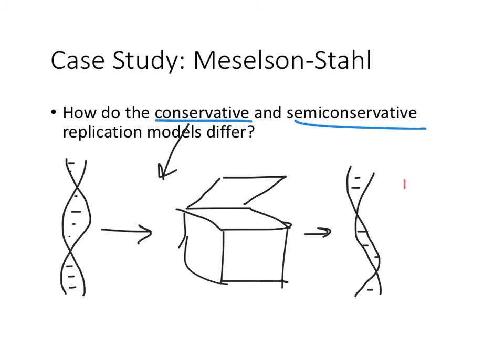Let's say new strands are in red. That's called conservative because you've conserved the original molecule. The original double helix is exactly the same after the process as it was before.